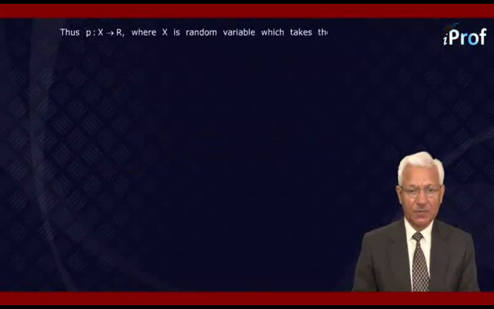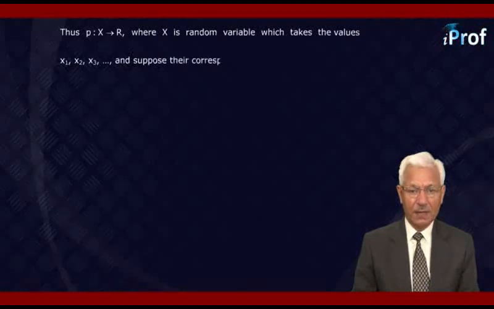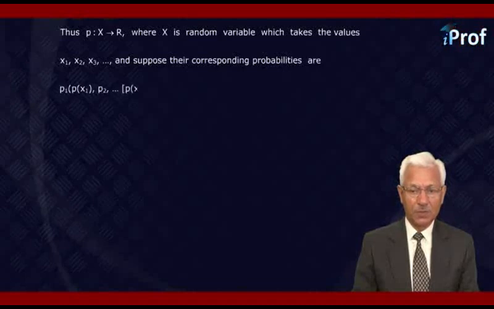Thus, P: X to R, where x is the random variable which takes the values x1, x2, x3, ..., and their corresponding probabilities are P1, P2, P3, ..., Pn.